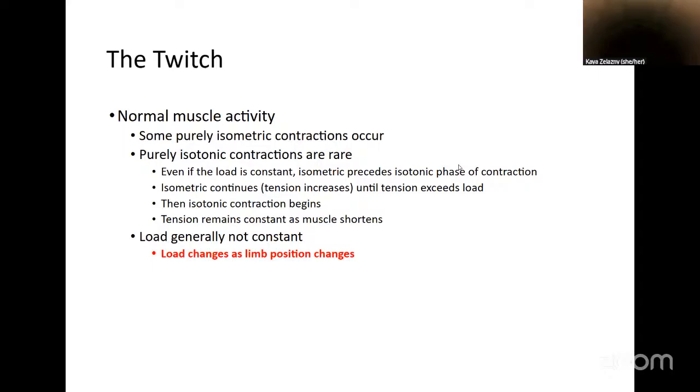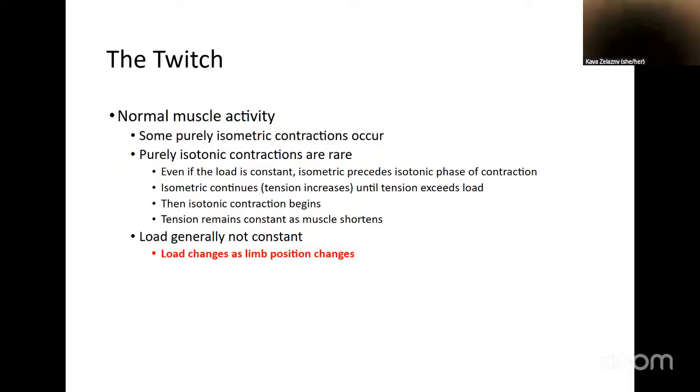So when we think about twitches, we do have some twitches that are purely isometric, which is why that's the picture we use to understand the phases of a twitch, right? The isometric graph is what we saw when we were looking at generically naming them. But to get a purely isotonic contraction is a little harder because usually when you start lifting something, you don't immediately move the load the second you start contracting the muscle, right?